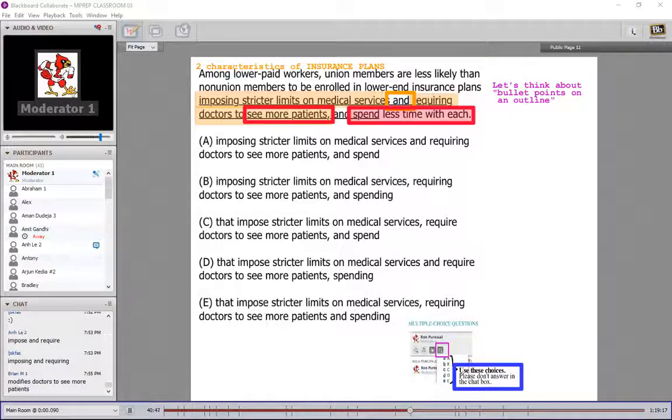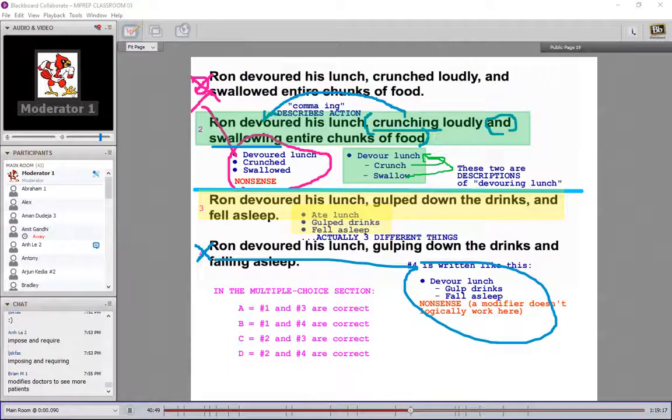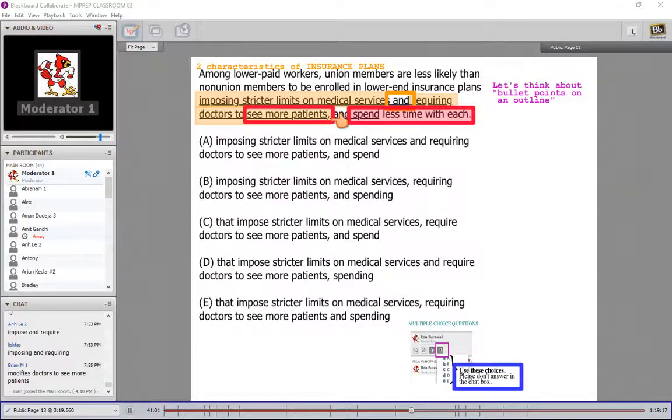Because again, if you genuinely had different things, then you could put them in parallel. But are these different? Are these actually independent ideas? Or are they related? And can anybody specify how they are related?